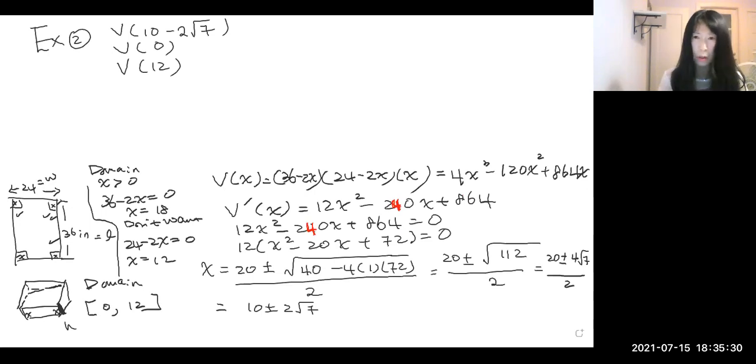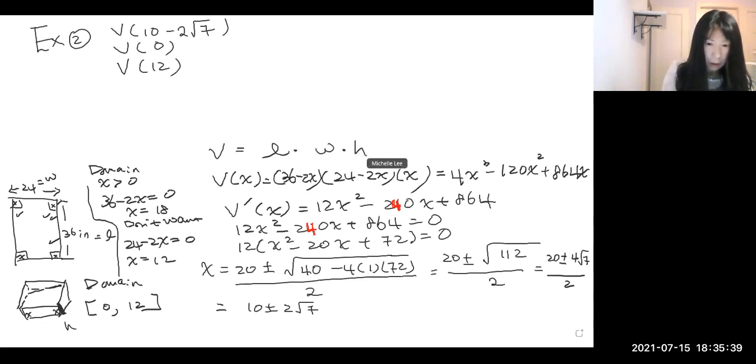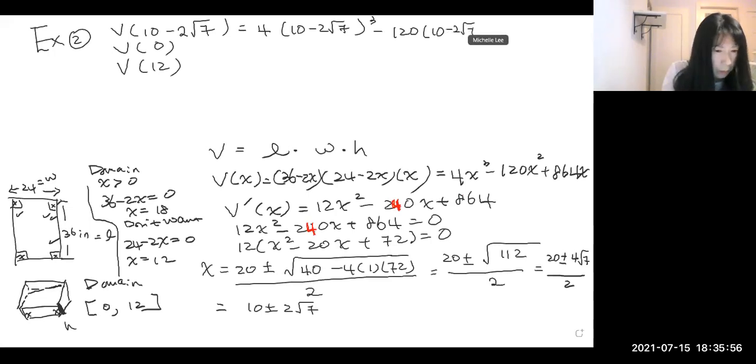Yes, we did that. So that's why 40, isn't it? Four cube minus 120 squared plus 864.